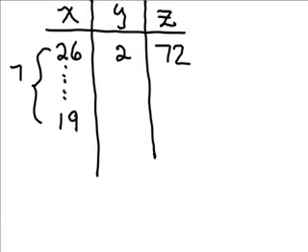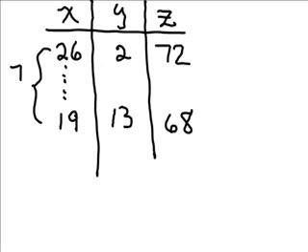Okay, so when we plug in the 19, 300 minus 11 times 19, hit enter, then divide that answer by 7, that gives you a 13. And then to get the z, you do 100 minus 13 minus 19, and that gives you 68.